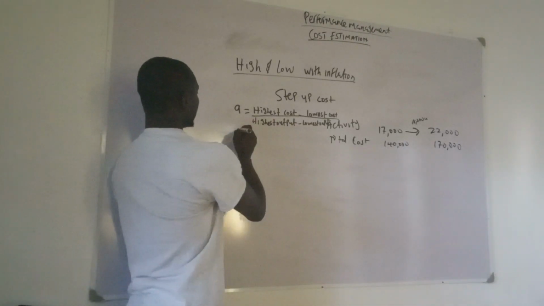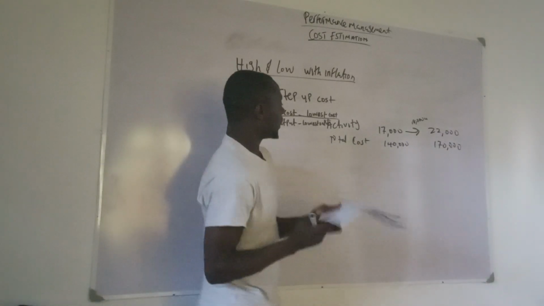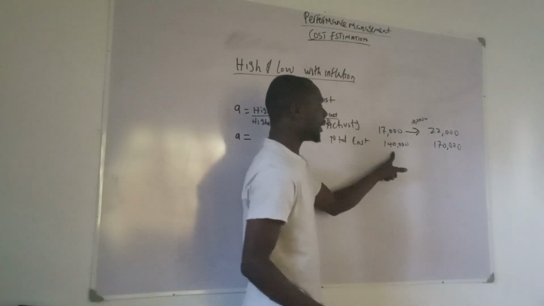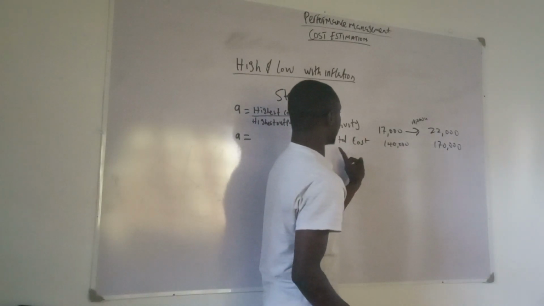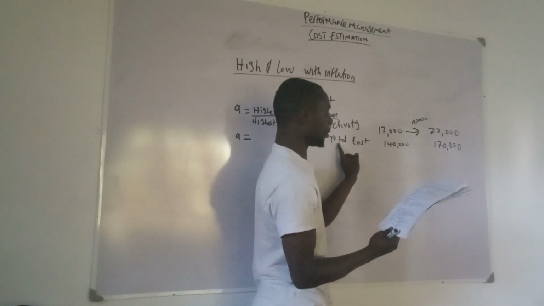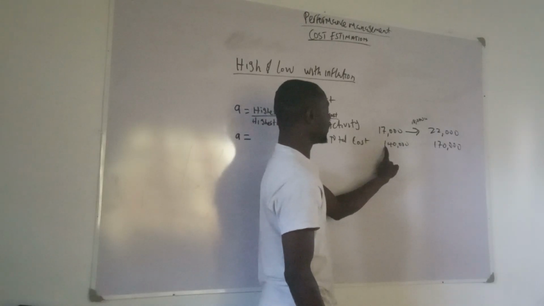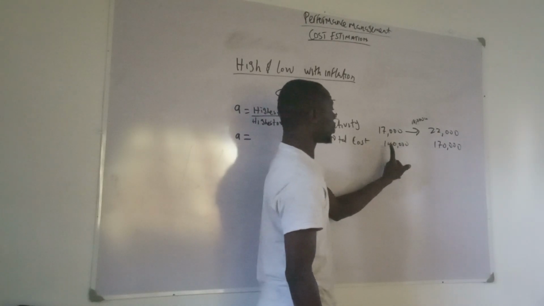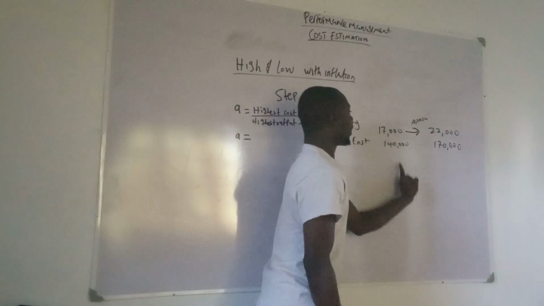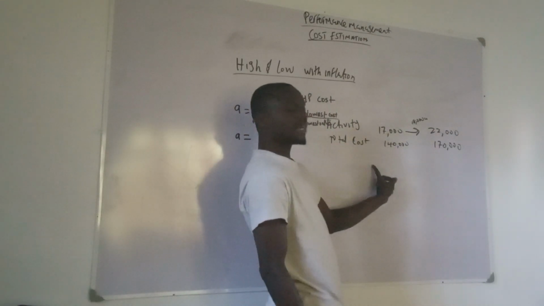Now A is, look at this total cost. Your total fixed cost, your total cost from this 140, once you produce more than 17, it will increase by 5,000.